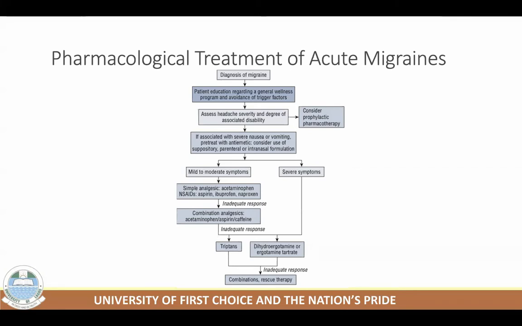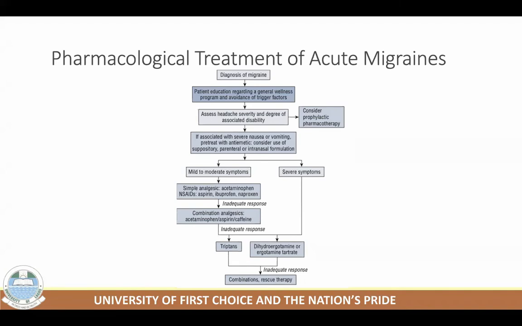If that's inadequate, it means the patient is having severe symptoms at that point, right? So we think about using triptans, or if the patient is not responsive to triptans or cannot tolerate triptans because of one or other treatment they are currently using. For example, if they are on nitrates as well, then you administer dihydroergotamine or ergotamine tartrate, right?